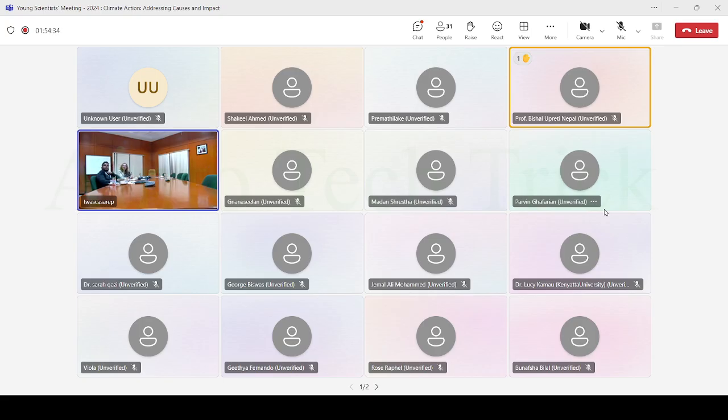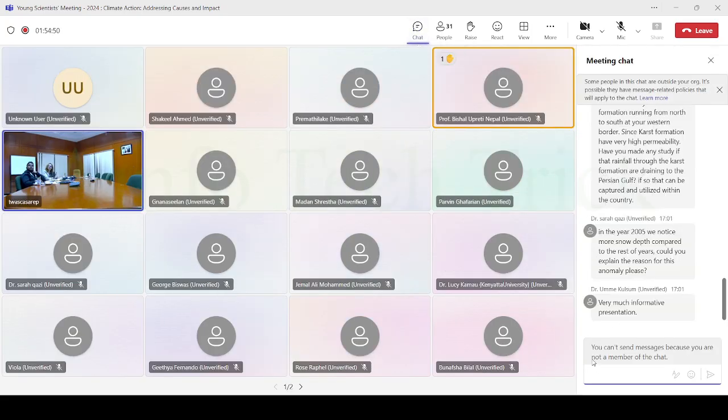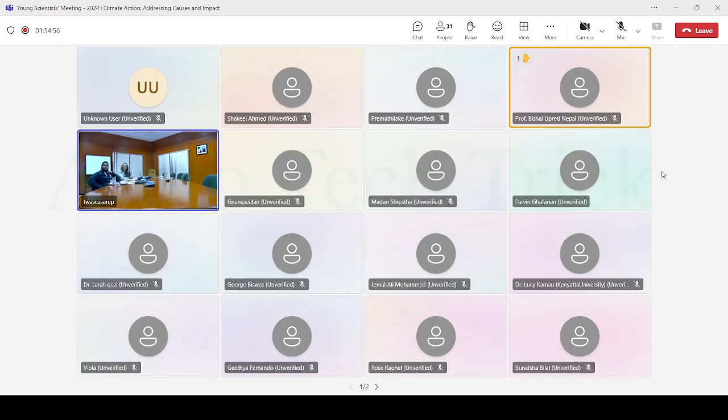Also, you have karst formations running from north to south at your western border. Since karst formations have very high permeability, have you made any study if that rainfall throughout the karst formation is draining to the Persian Gulf? If so, that can be captured and utilized within the country.